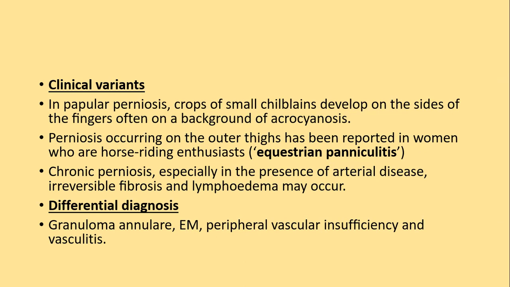Chronic perniosis, especially in the presence of arterial diseases, irreversibly causes fibrosis and lymphedema. Then the differential diagnosis. We can confuse perniosis with EM, especially if there is annular morphology. Then granuloma annulare, peripheral vascular insufficiency, and vasculitis.